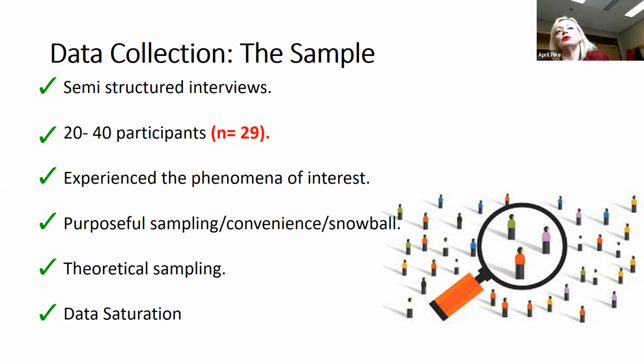A good example was in my research study, when I was interviewing participants, many of them talked about the role that their family played in helping them manage their experience through the genetic testing process, how to help them cope, how to help them make decisions.